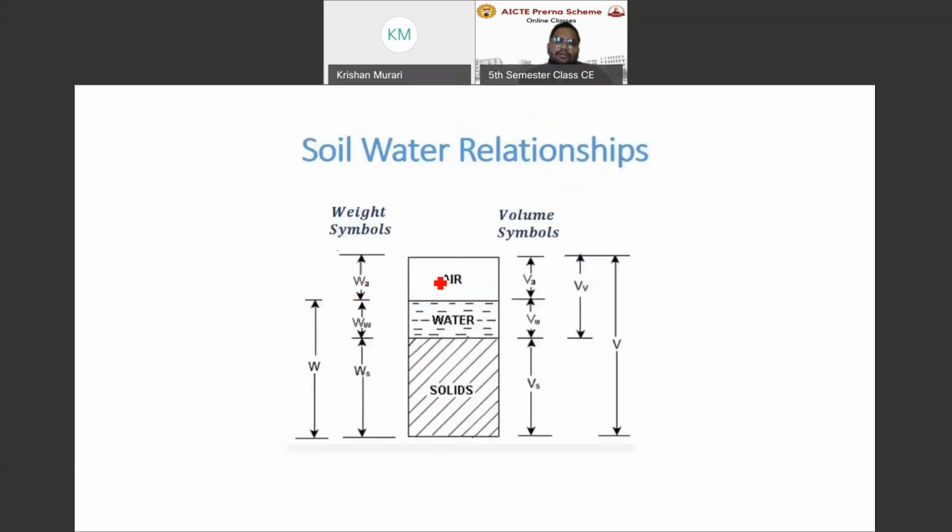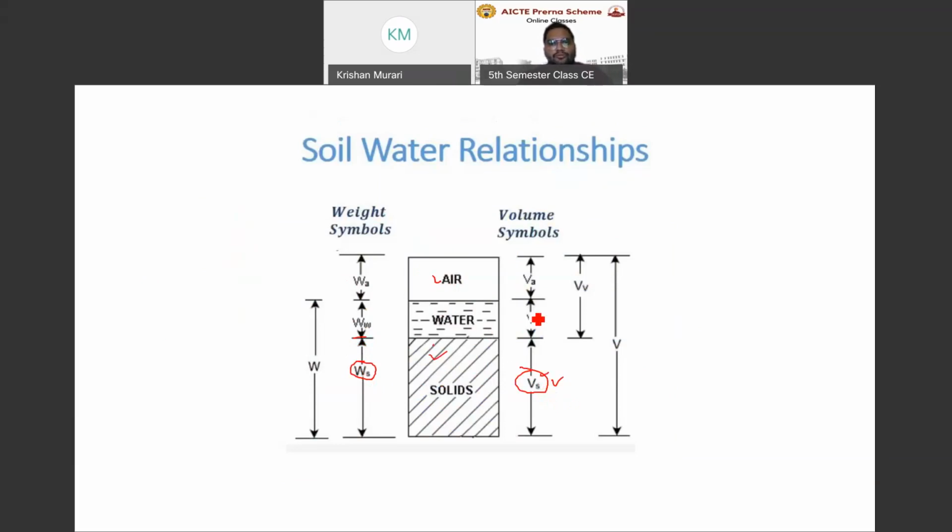According to the volume relation and weight relationship, we consider these parts in different zones. We consider air, water, and solid as a three phase system. Diagram is here. We represent the weight quantities on the left side and the volumes of these phases on the right side. Firstly, the solid: solid weight is represented by Ws, and solid volume is represented by Vs. Next is water.